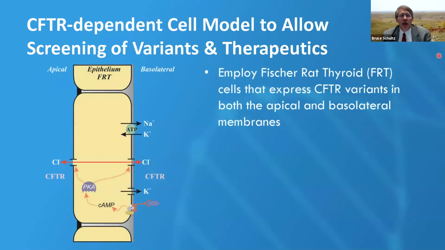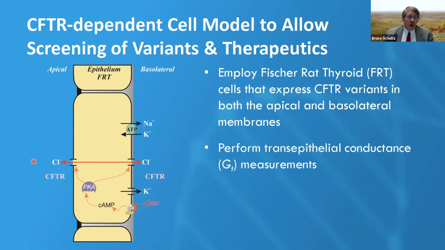And so he started by using the Fisher rat thyroid cell model. This cell model is particularly important because when CFTR is expressed in these epithelial cells, it is trafficked to both the apical and the basolateral cell membrane, so that now we can set up electrical measurements, putting in square wave steps in voltage, measuring the current, and using Ohm's law to determine the transepithelial conductance.